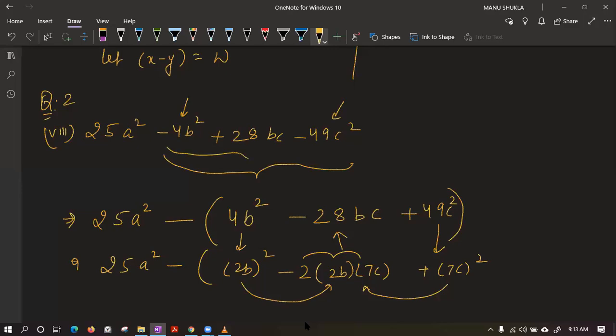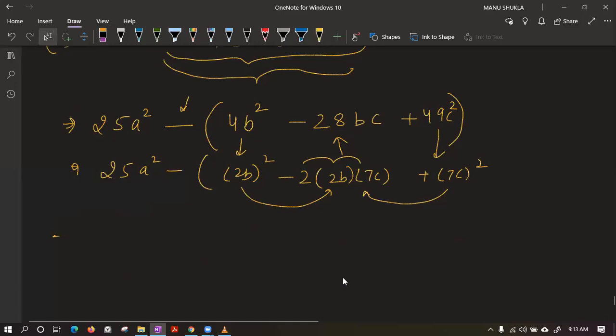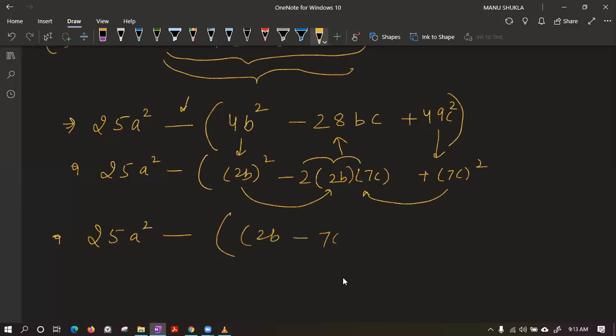We have to make a group of the last 3 and take negative common first. By comparing, we can write the answer will be 25a square minus 2b minus 7c whole square.